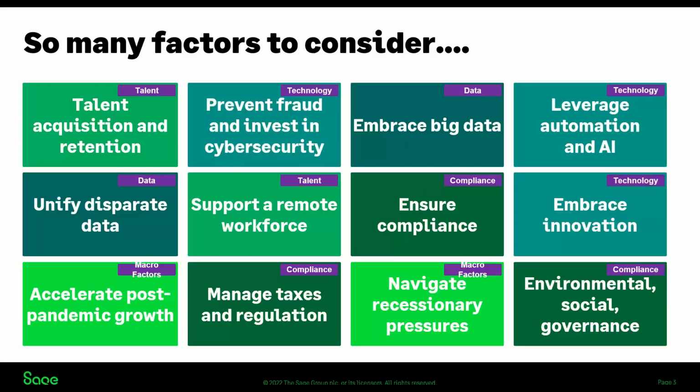Last but not least, we have the technology part. So how to leverage automation and AI, which is big and has been big for the last couple of years, how to embrace innovation, and by this I mean how we can leverage the technology with the processes that we currently have within our practice.